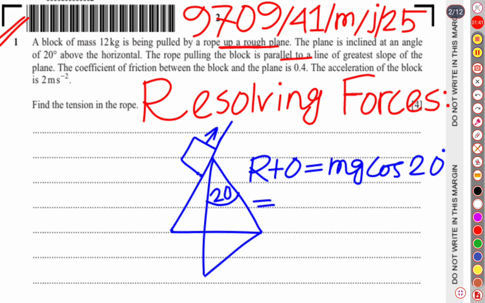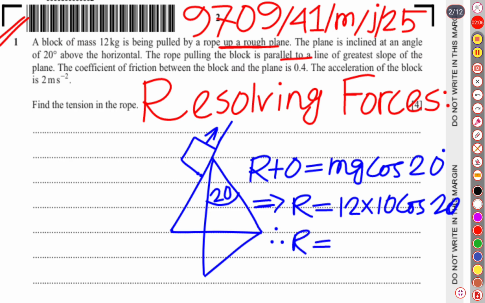Hence our R is going to be, mass of the block is 12 kg, so 12 into 10, into cos 20 degrees. Hence our normal reaction is going to be 120 cos 20 degrees.